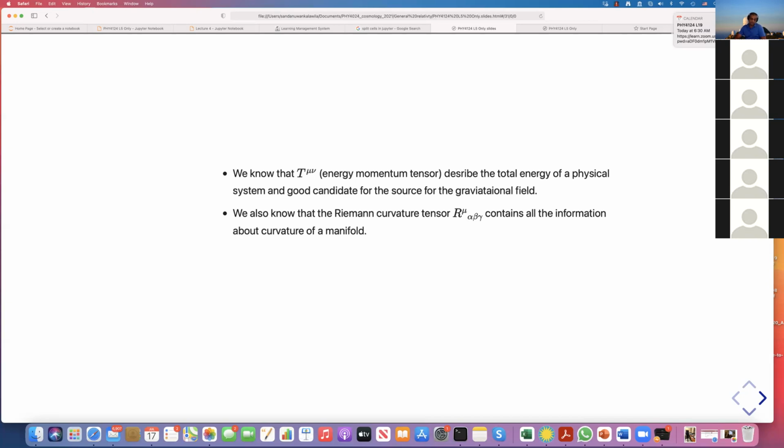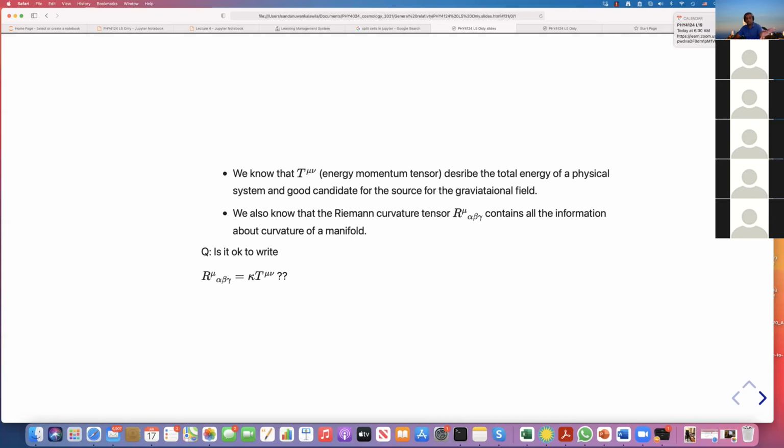When you derive the Riemannian curvature tensor, if you remember the equation roughly, the metric tensor is inside that. Actually, we can take the Riemann curvature tensor and write an equation like this: the Riemann curvature tensor equals kappa times the energy momentum tensor.